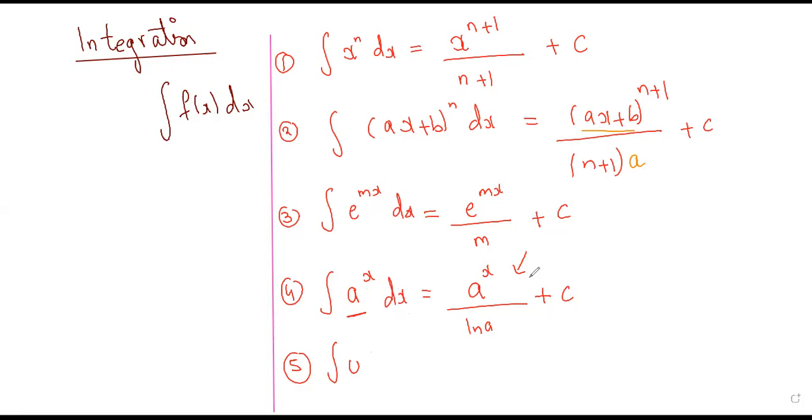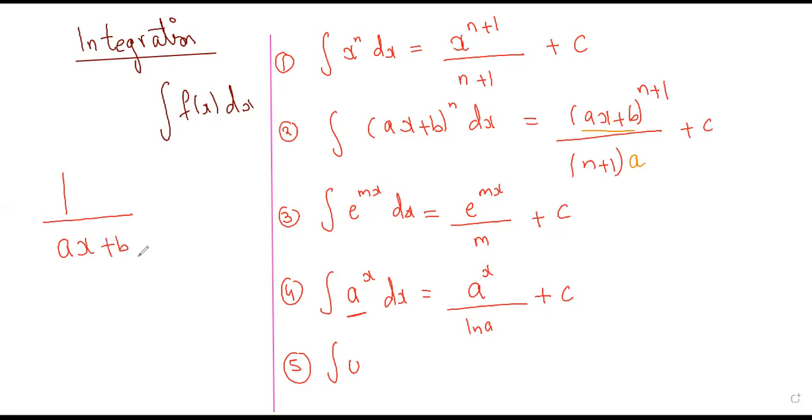And if this were ax plus b into some power, then, wait, tell me the expression again. 1 divided by ax plus b, a into x or a to the power x? ax plus b.